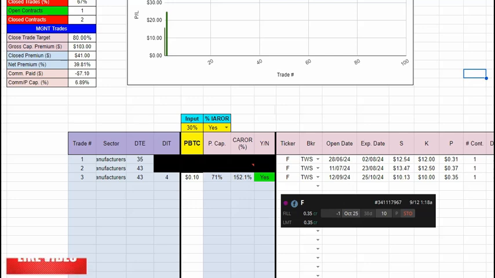Because the saying is very true. If you start to collect pennies in front of a steamroller, trading cash secured puts or even a put option, even if you want to convert that into long-term investing doing DCAs, still at the very beginning we want to get paid a decent amount of premium to open the trade, otherwise it's just not worth it.